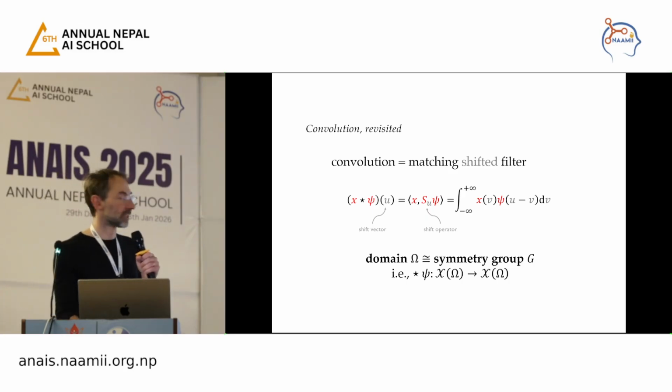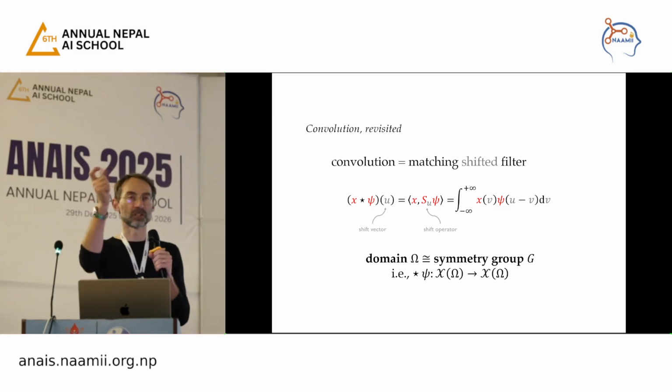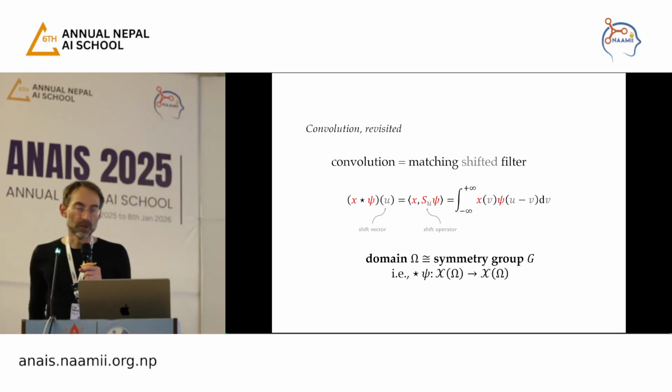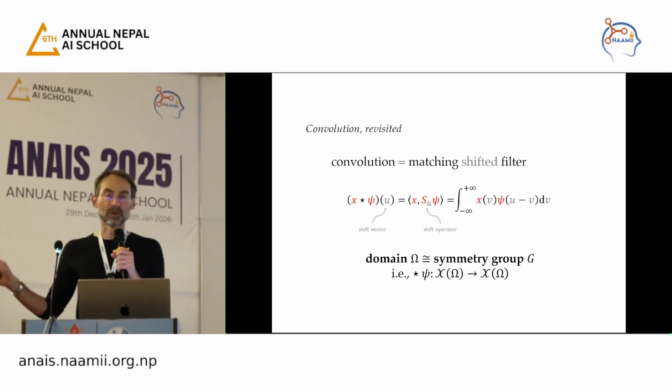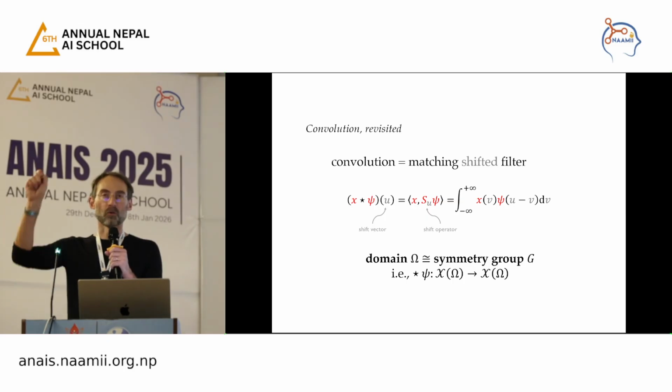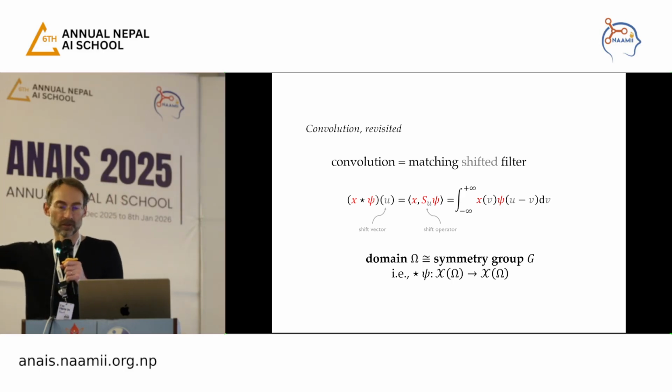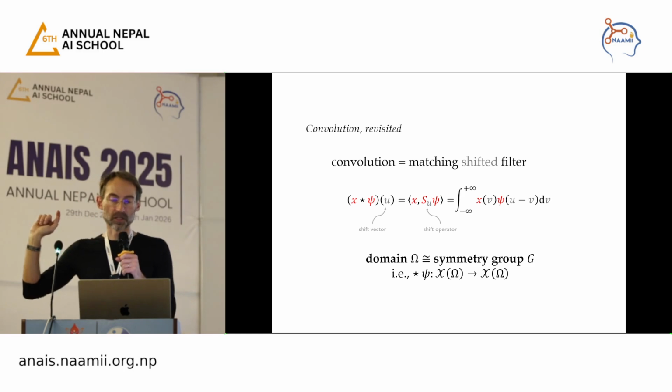I can write it as an inner product of a translated filter, where S here is the shift operator. Whether the filter is flipped or not depends on the definition of the convolution. We can do this because there is a one-to-one correspondence between the domain and the elements of the group: for every element of the translation group, I can find a point on the domain to which I shift. This is not the general case.